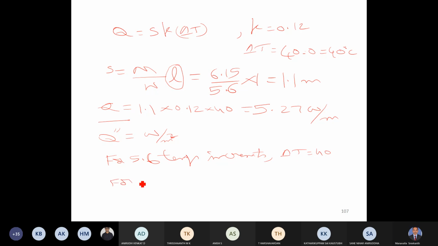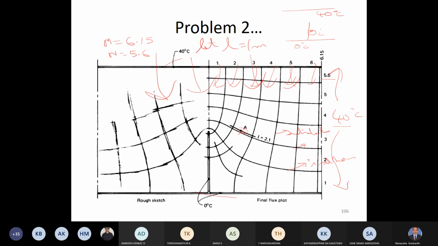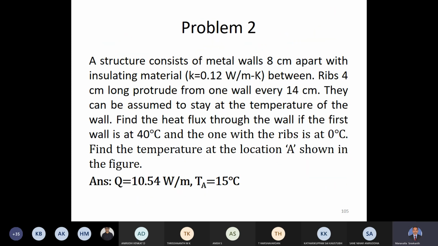So for 2.1 temperature increments, delta T will be 2.1 by 5.6 multiplied by 40. So this is 15 degrees Celsius.